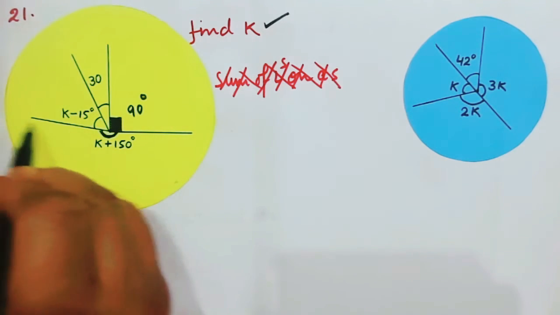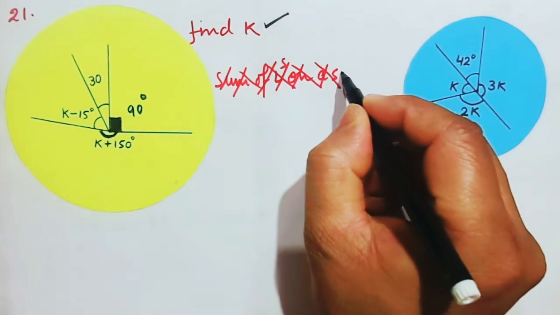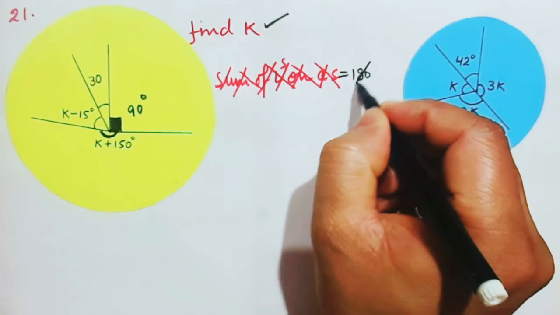So when the lines given are not straight, this means I cannot use sum of angles is equal to 180 degree.